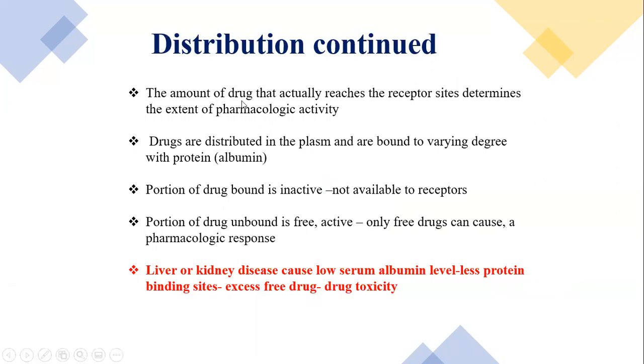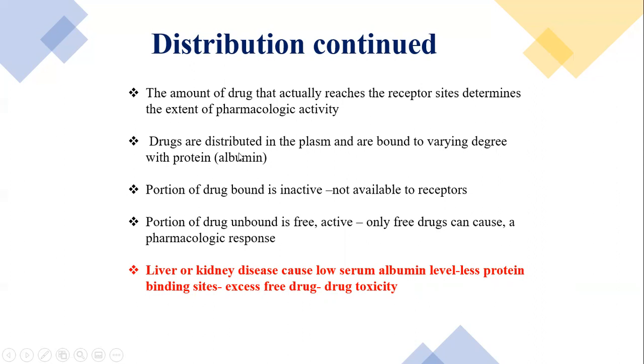The amount of drug that actually reaches the receptor site determines the extent of pharmacological activity. Drugs are distributed in the plasma and are bound to varying degrees with protein, particularly albumin.